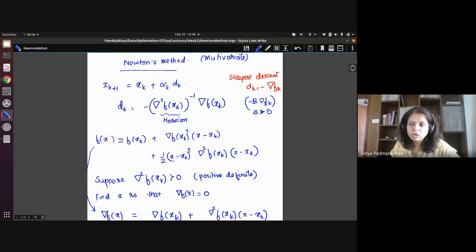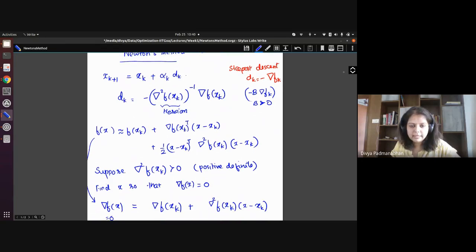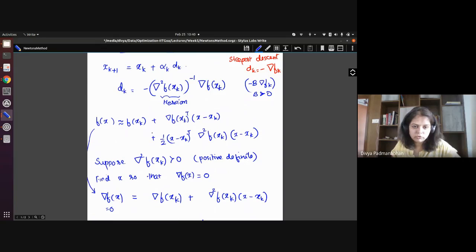Then you need to find the x such that this right-hand side also has a gradient of 0. If you take the gradient of this approximation, you get grad fx, and you want that to be 0. On the right-hand side, the first term is a constant, and you're taking the gradient with respect to x.